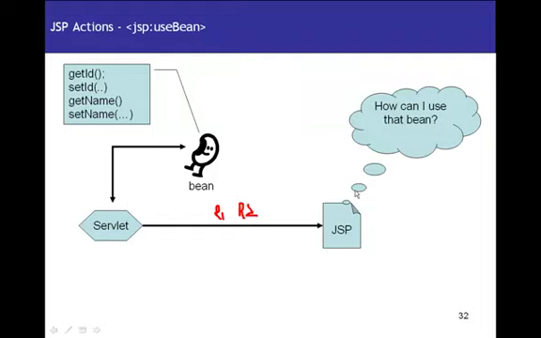If it's a small application like this where I just have to get two values and print those two values on my JSP page, I could pretty much use the request attribute and do something like that.